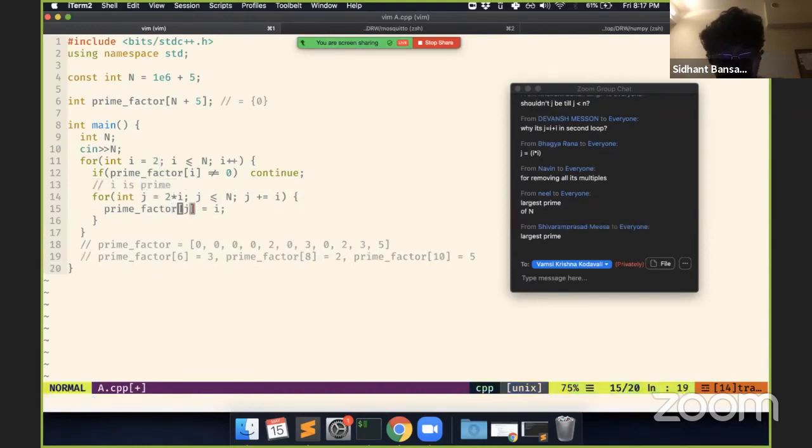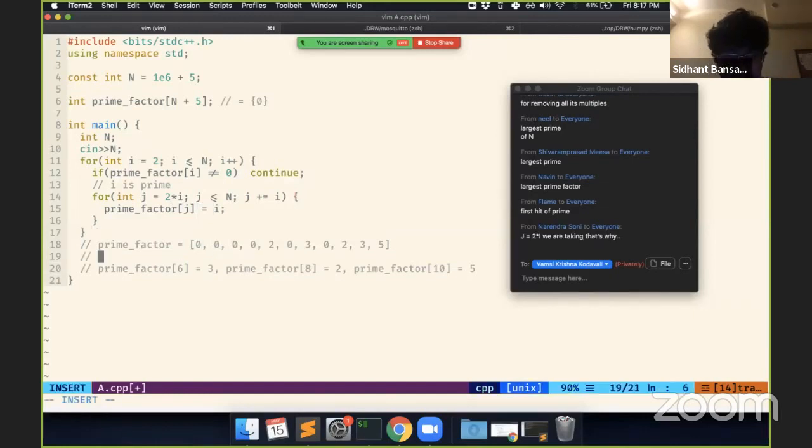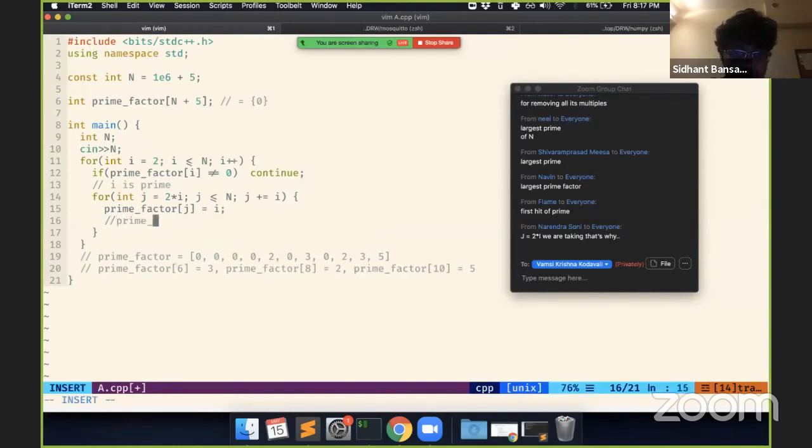We set all the multiples of i to start saying that i is my prime factor. So after some runs, it'll come out that the prime factor of 6 is actually 2, when i is 2.